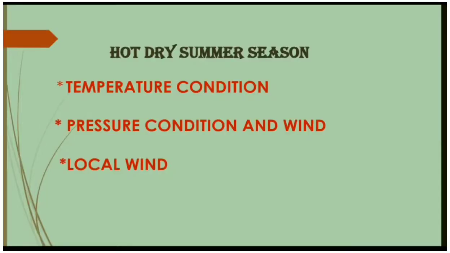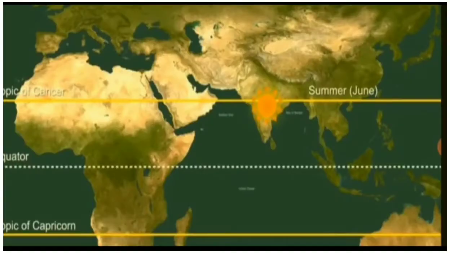Hot dry season. In this, we are going to study temperature condition, pressure condition and wind, local winds. Now you can see here that this is the Tropic of Cancer and sun rays have reached the Tropic of Cancer. So because of this, the part of the earth is heated up, or you can say it is shimmering in the heat.